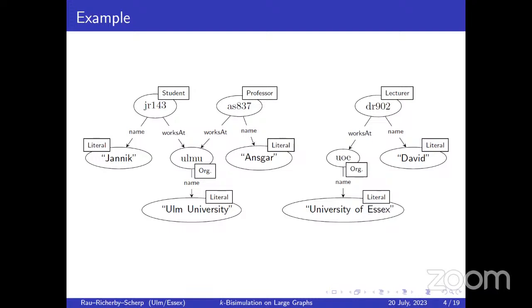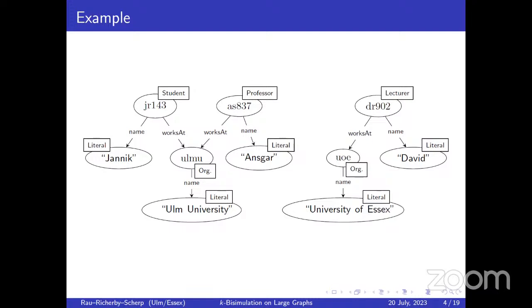You could look at all of these entities on the top and say, well, all of these things are entities that have a name and they work at a thing which also has a name. So all of these are the same. That would be perfectly reasonable for answering some queries, right?